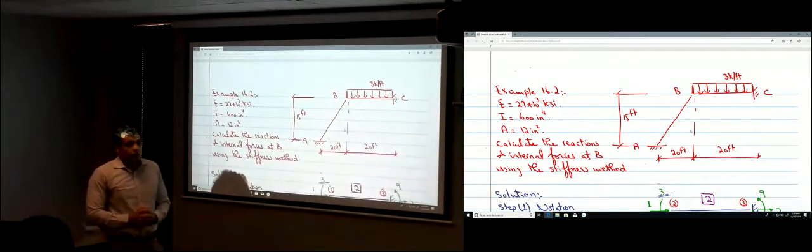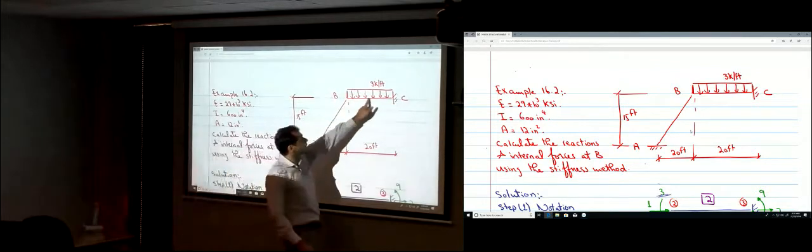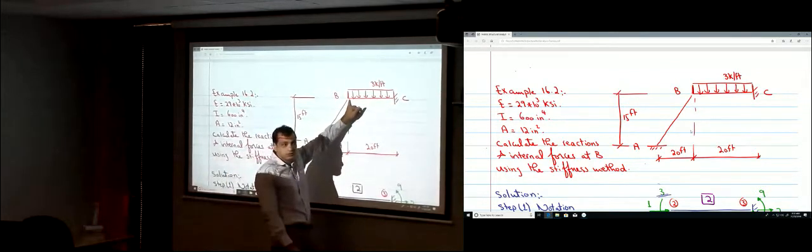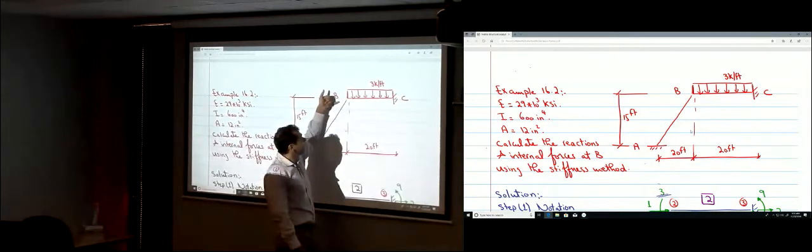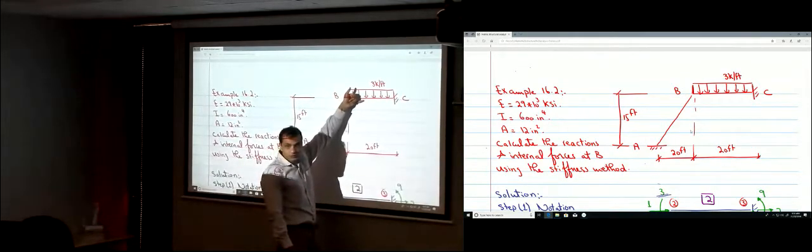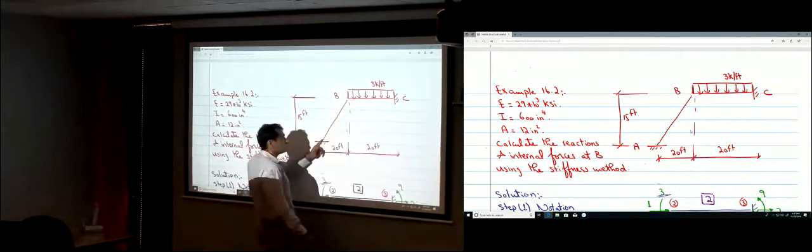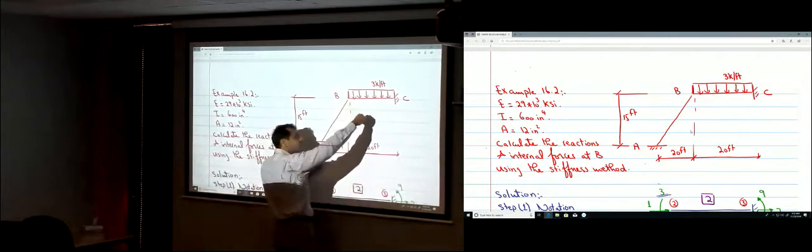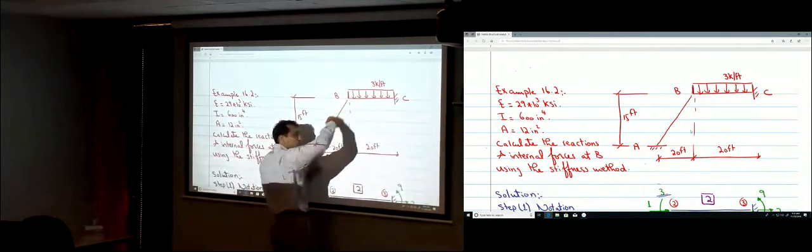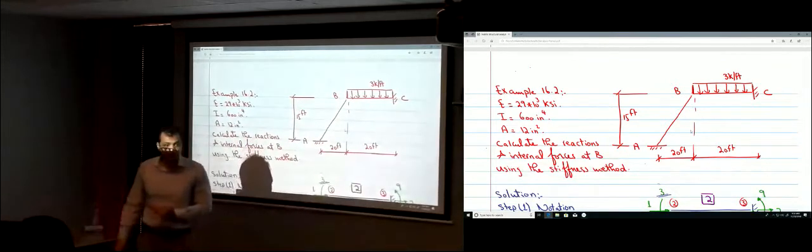So how to find those internal forces? For this member, it's horizontal, so the shear is vertical and the normal force is horizontal. Here, this member is inclined, so the shear force is perpendicular to its direction, and the normal force is in the direction of the member.